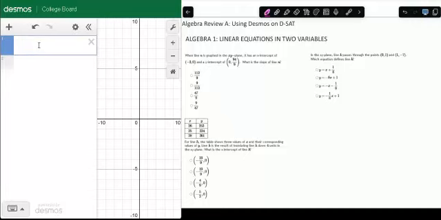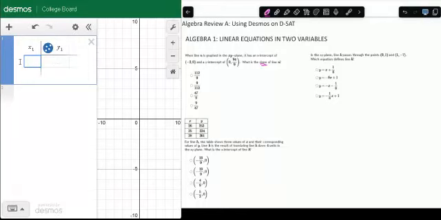Okay? And so all you need generally are 2 points, especially here for a linear equation. If you can plot 2 points, you can create the equation of a line. Now, notice on this problem, it's asking us to find the slope, and it gives you 2 points. If we plot those 2 points in our table, this little plus button right here allows you to create a table on your Desmos calculator.